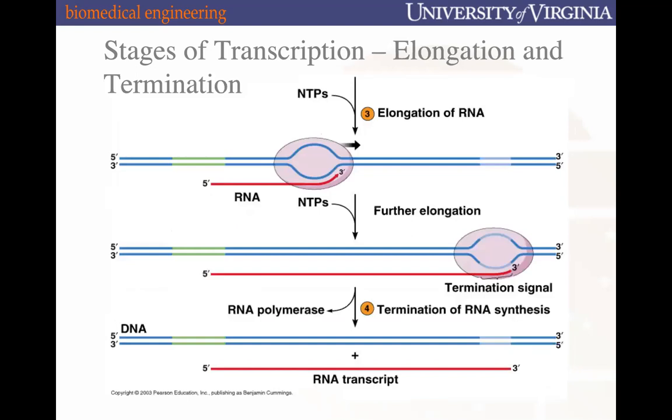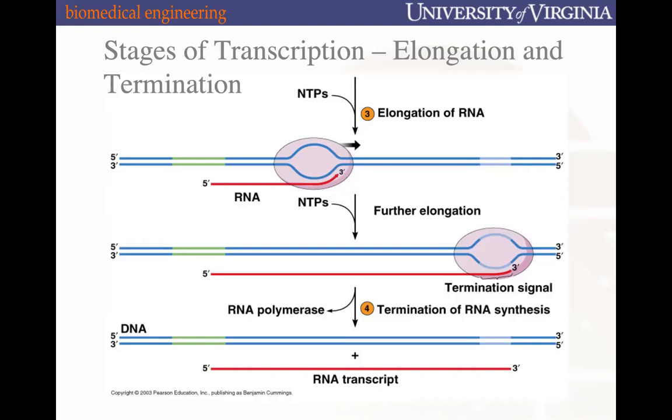This elongation happens pretty quickly, and RNA polymerase, as it goes along, uses ribonucleotide triphosphates, or NTPs, as the monomers to create the mRNA transcript during transcription. As it continues to elongate, RNA polymerase reaches the terminator, which has a termination code encoded in that site of the DNA.